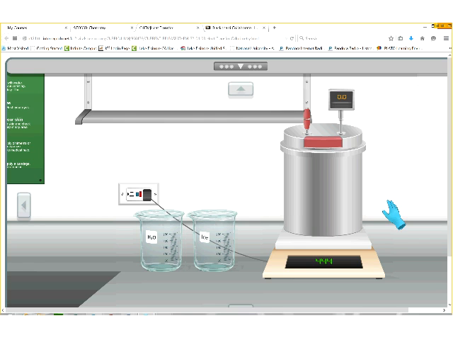Let's measure the mass of the ice remaining. If it's 444, we go ahead and minus that from the 509. And what is that? 65, right?